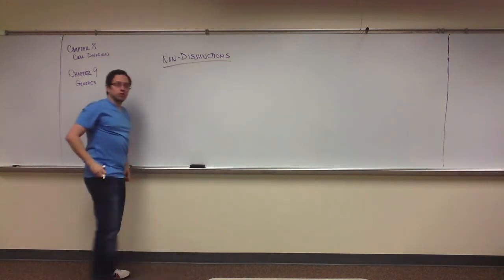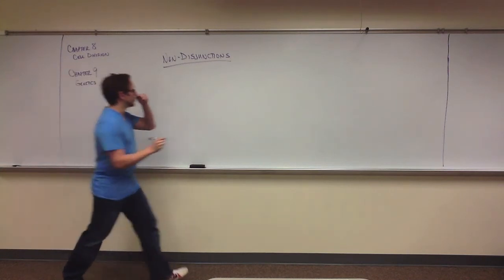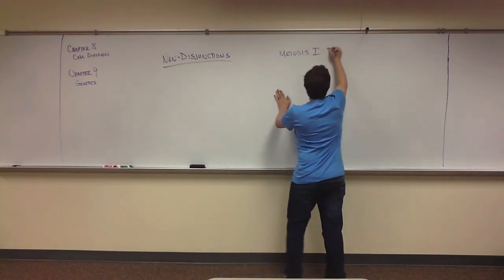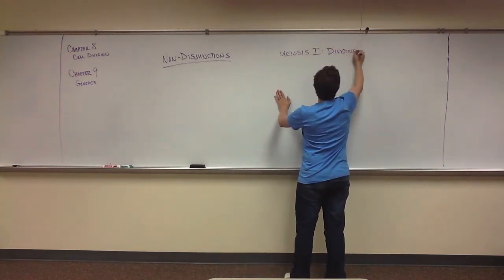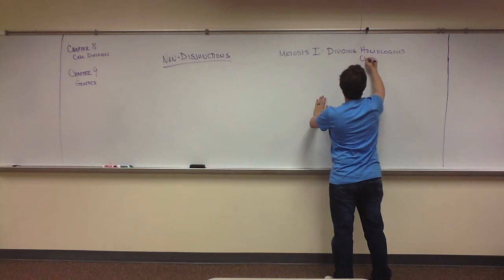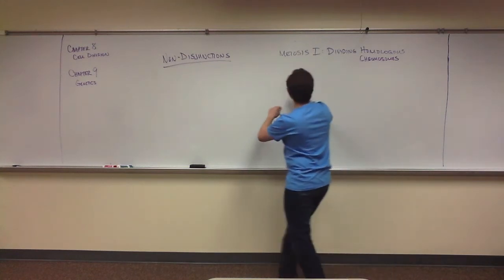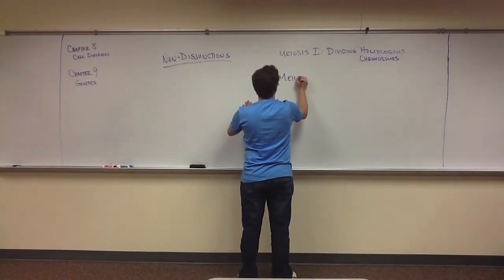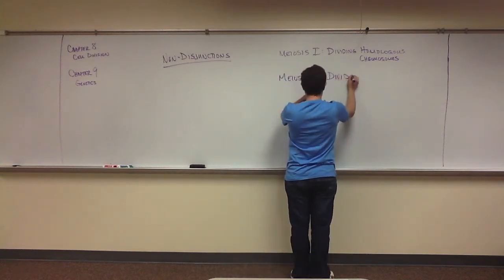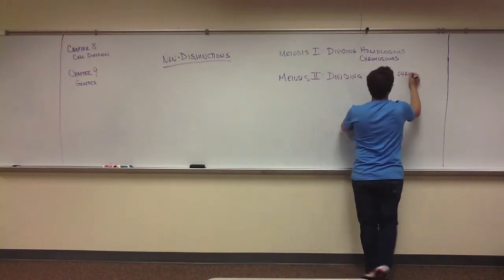Okay, what non-disjunctions are is, you'll remember in meiosis, we're doing 2 steps. In meiosis 1, we're dividing homologous chromosomes, while in meiosis 2, we're dividing sister chromatids.